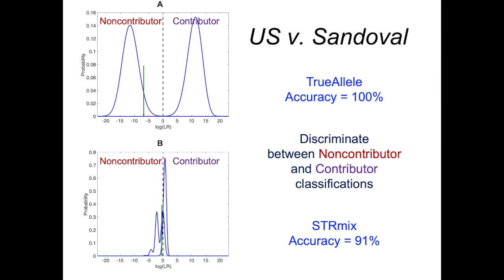But now, in terms of discriminating non-contributors from contributors to classify them, on this low-level case with the thresholds that you're about to see, the discrimination was over only 90%. That is, the curves are overlapping. And if you look at that poor green match statistic that's right near zero, it's in both curves. It can't be separated.